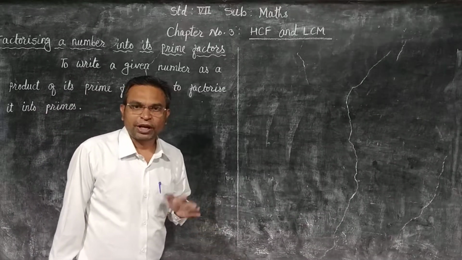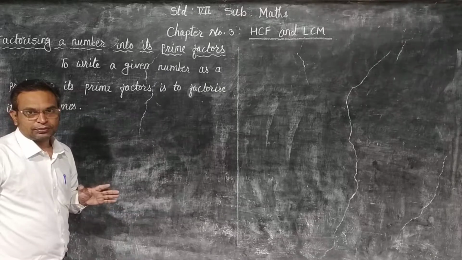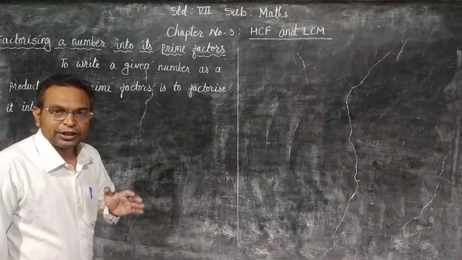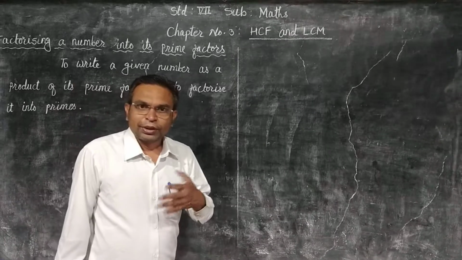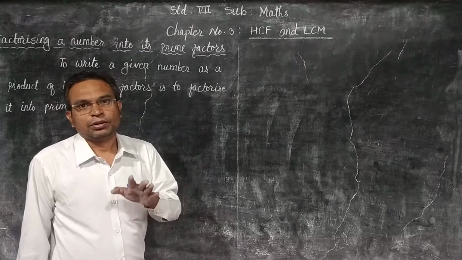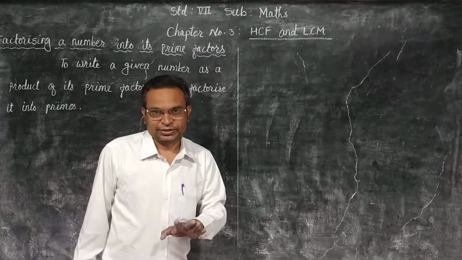Product of prime numbers is called factorizing the number. It means the given number is written in the multiplication form of its prime factors.